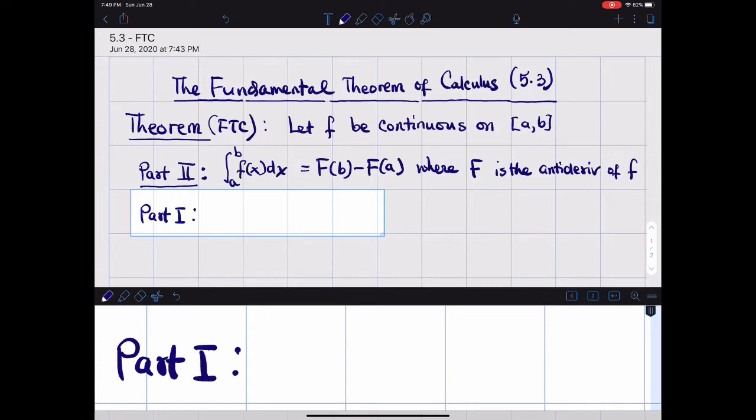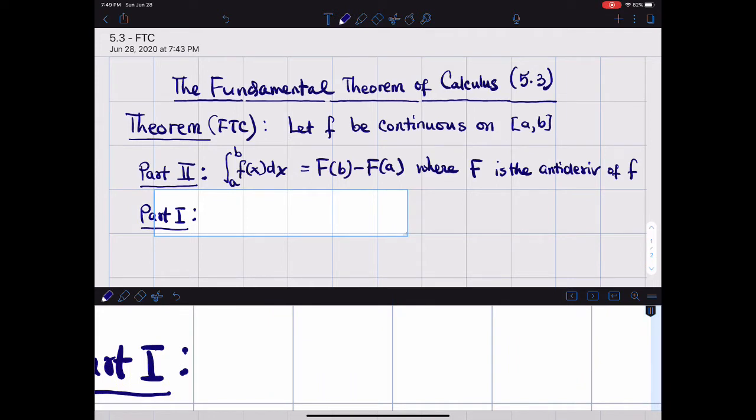of the fundamental theorem of calculus is actually my favorite part, but it's the least important part in our course.